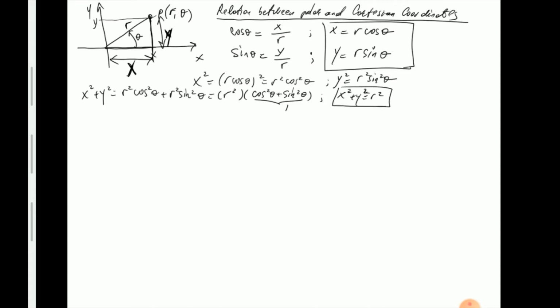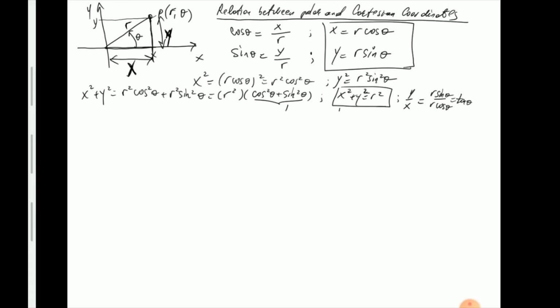And then another very useful relationship is if you divide, provided cosine is not equal to 0, of course. If I divide the two, y over x, I get r sine over r cosine, which is tangent of theta.